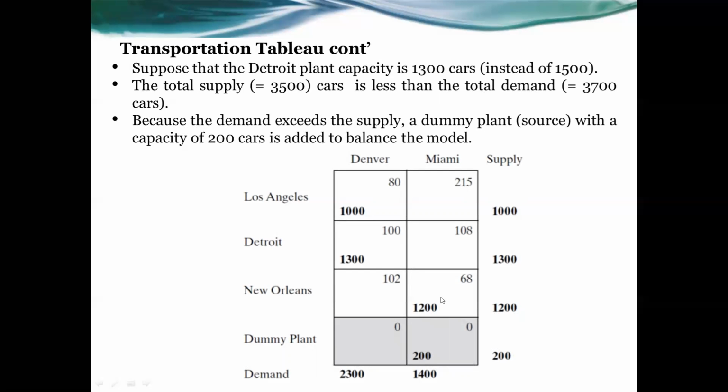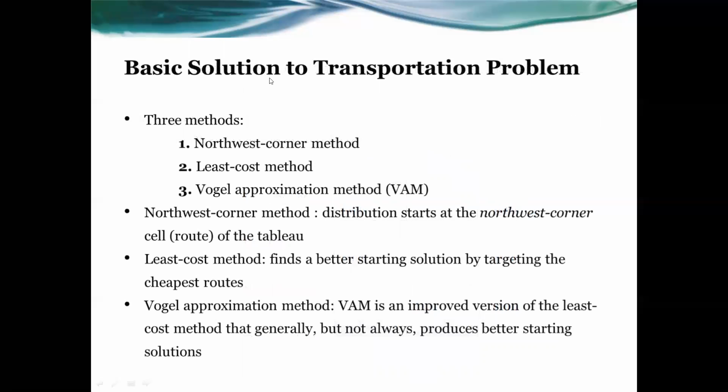Now let's see how we are going to identify the optimal solution. How do we find out which routes can fulfill market demand using the three warehouses' supply at minimum transportation cost? That is our objective. For the transportation problem, we can find the basic solution, which we call a feasible solution.